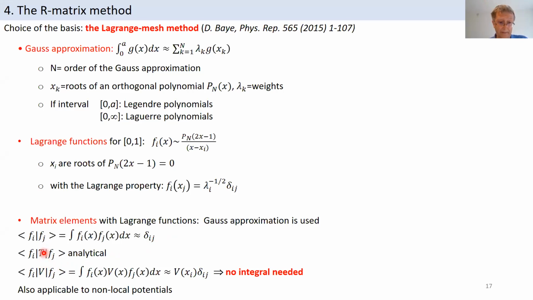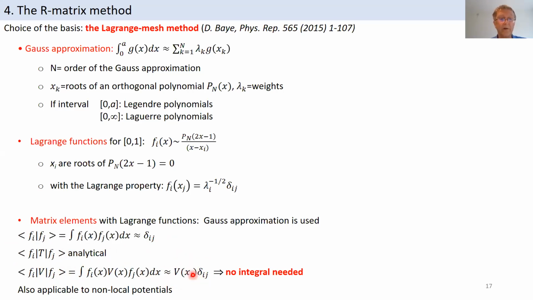For the kinetic energy, there are analytical calculations. So this can be done once. It's rather easy. If you change the potential, you don't change this matrix element. And for the potential, if you do the same thing as for the overlap, so you compute the exact integral and use the Gauss approximation for this integral, then you end up with something which is very simple.